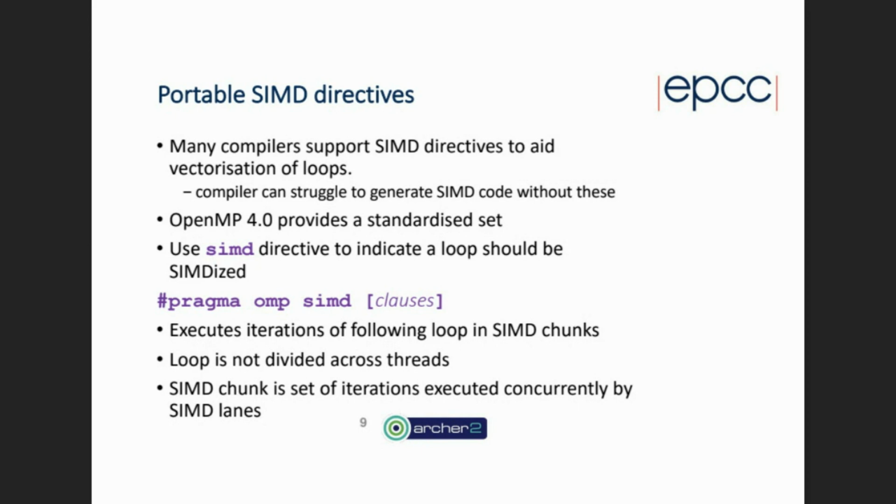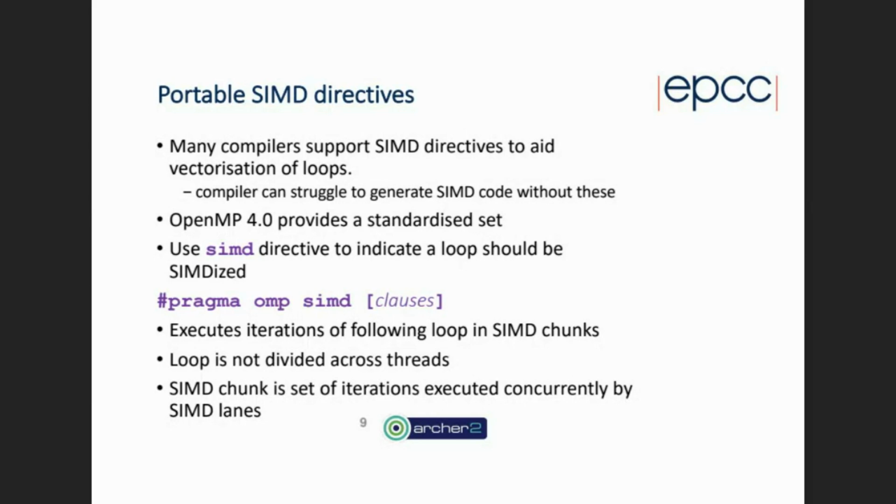Rather than invent a completely new standard, it was thought that the OpenMP standard is a reasonable place to put this, because it's more or less orthogonal to the rest of OpenMP, but it reuses some of the concepts, so it's not a crazy thing to do.